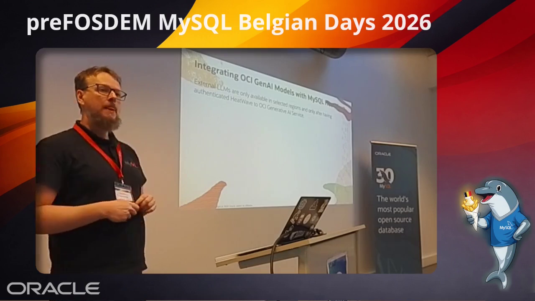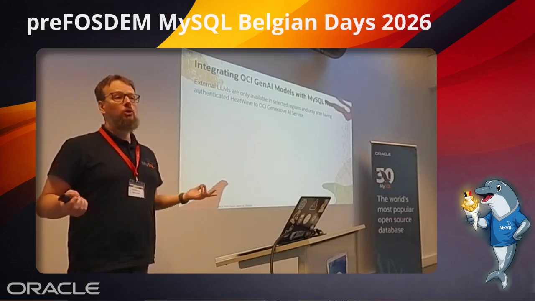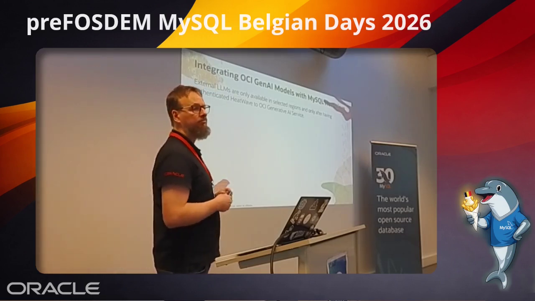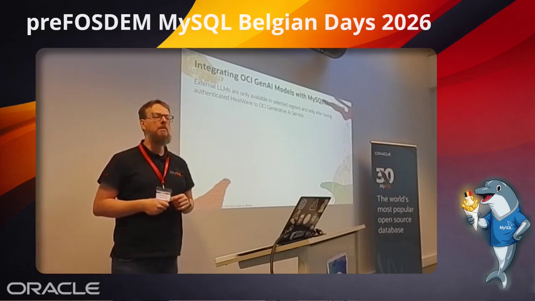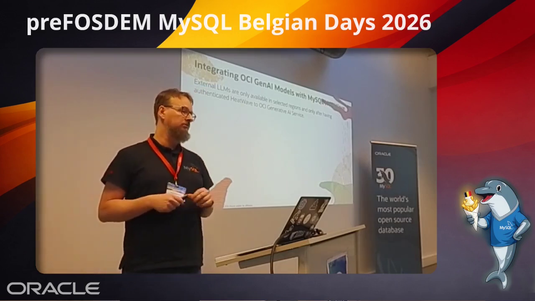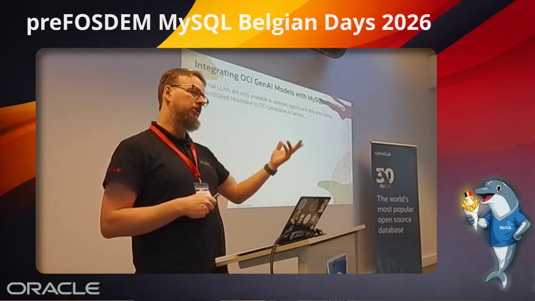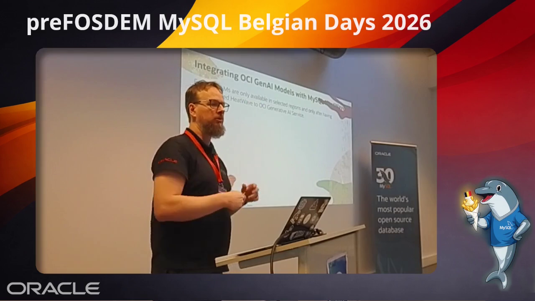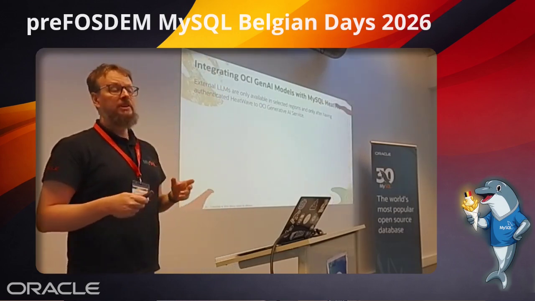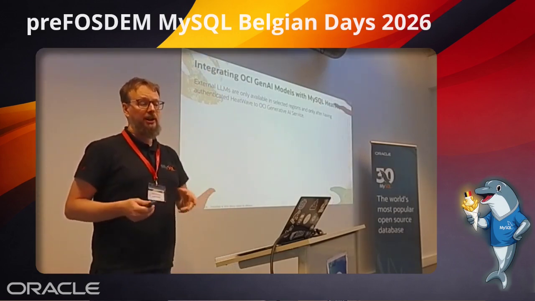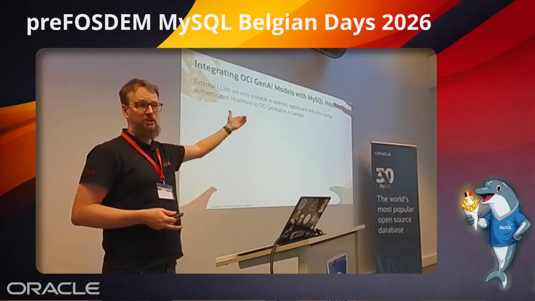Why have they done that? Sorry? Why have they done that? I have no clue. I think some might even be for legal reasons, right? Some models are only available in some regions. But you can use a machine from Europe in Ashburn anyway.